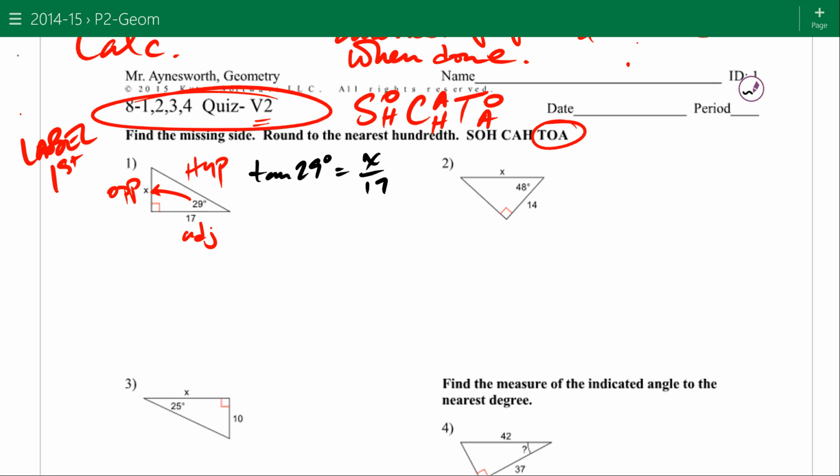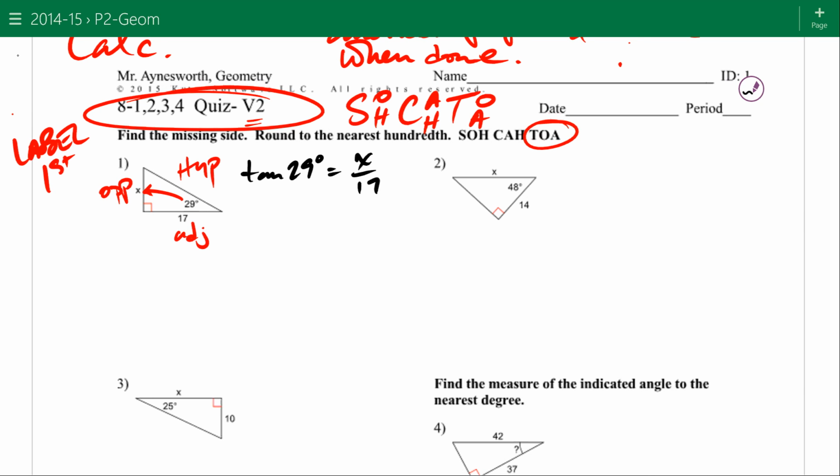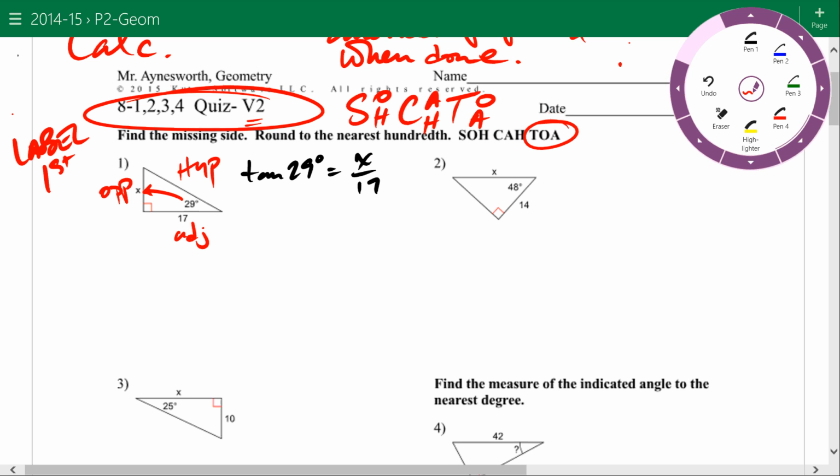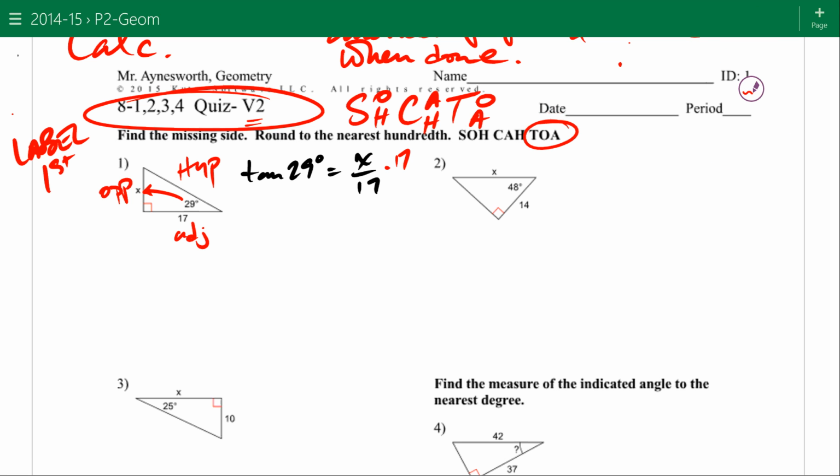That's the setup. You always need to set up the problem and show how to start it. Second, we need to show how to solve for the unknown. Since x is being divided by 17, we do the inverse, which is multiplying both sides by 17.